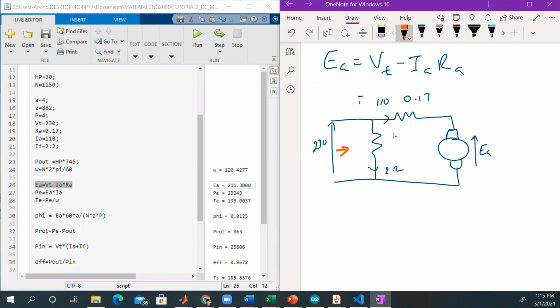Then you have some power dissipated in these resistances. The rest of the power that makes it to here is the electromagnetic power. The electromagnetic power is wholly converted into mechanical power, but not all the mechanical power is useful power.